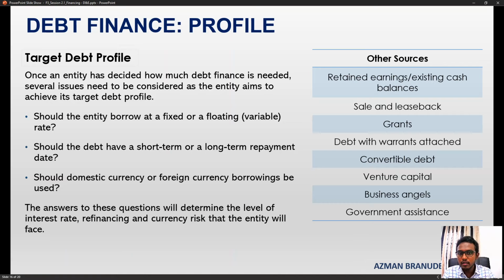So these are all essential elements to look at because you are trying to establish an optimal debt profile. You don't want to be overly leveraged. You don't want to be in a position where the company cannot bear its repayment and interest. You don't want your creditworthiness to be put at stake unnecessarily.